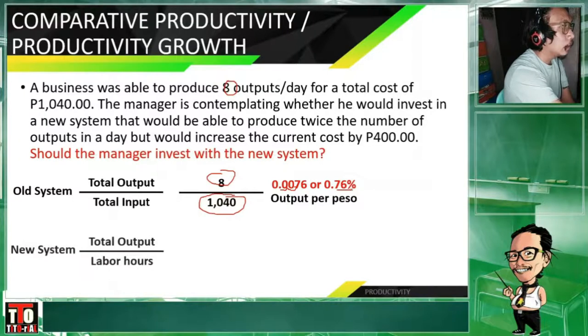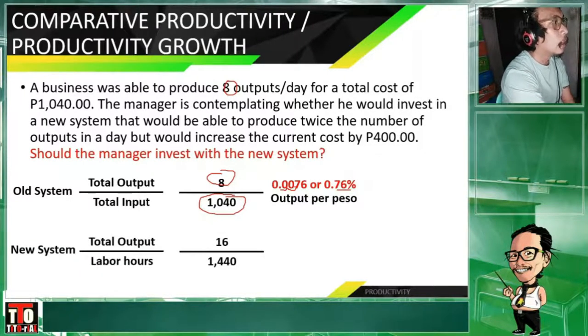Now, with the new system, so ang sabi dito is the new system would be able to produce twice the number of outputs in a day. So, kung 8 yung outputs niya in a day, twice of 8 is 16, 8 times 2.